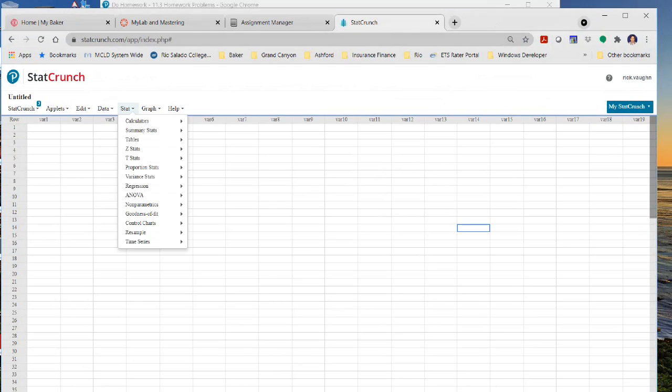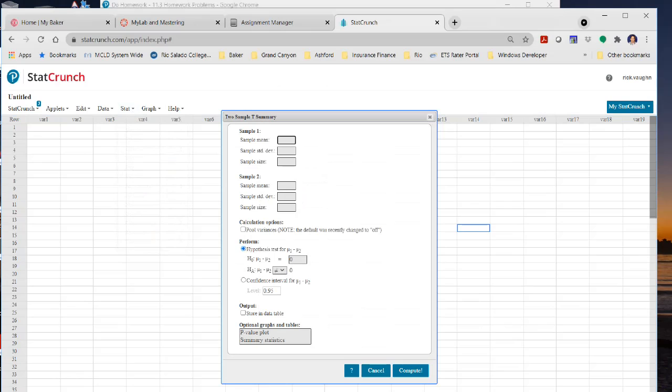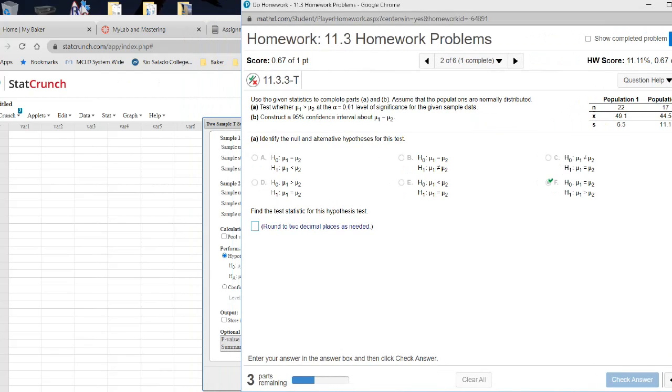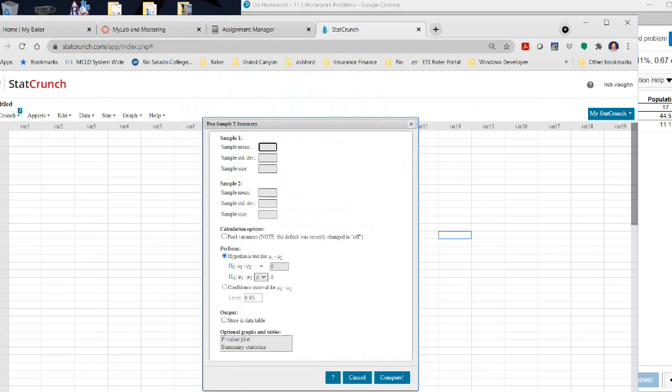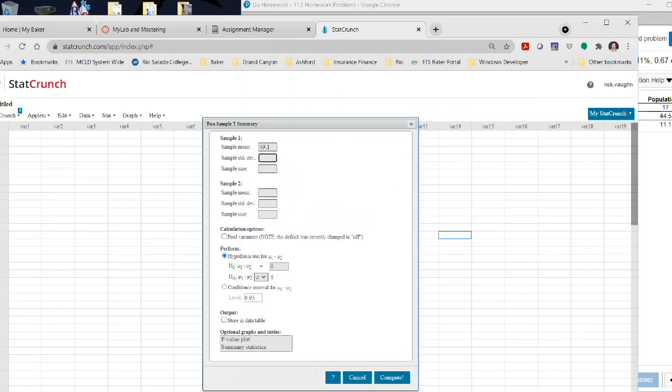I'm going to go to Stat, T stats, two sample with summary. I don't have the data. So T stats, two sample with summary, and I'll enter the sample mean, the sample standard deviation, and the N. So the sample mean, 49.1, the sample standard deviation, 6.5, the sample size, 22.